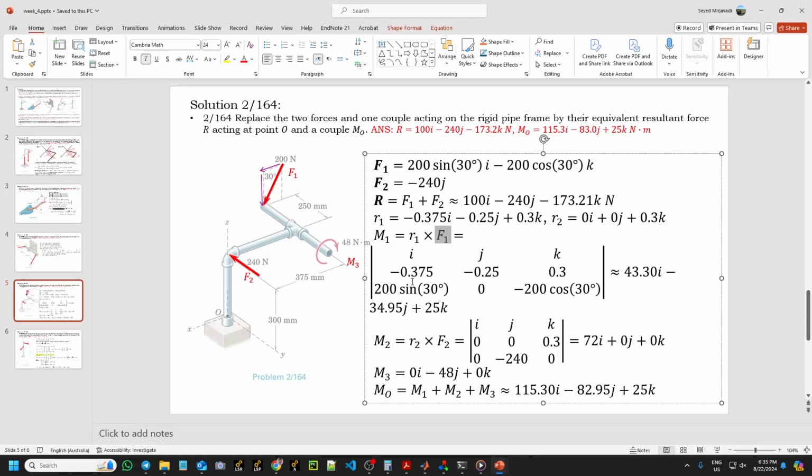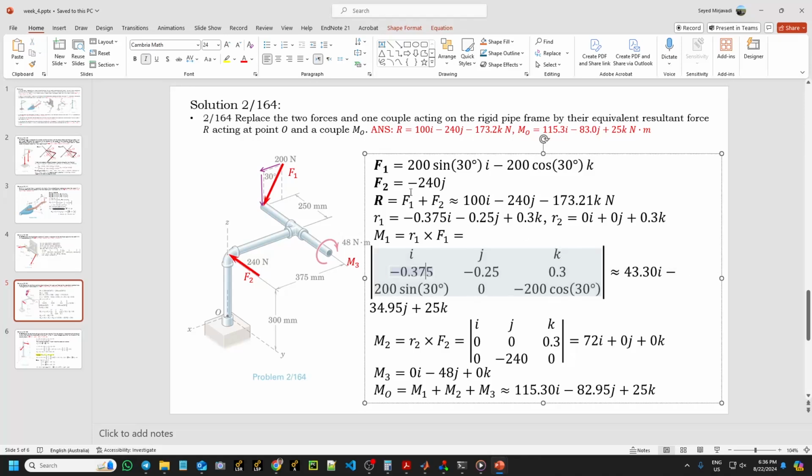You use the determinant IJK, you put in the first row I, J, K, and then the components of R. This is the first component of R, this is the second, and this is the third. Remember, we always put R in the second row and F in the third row.